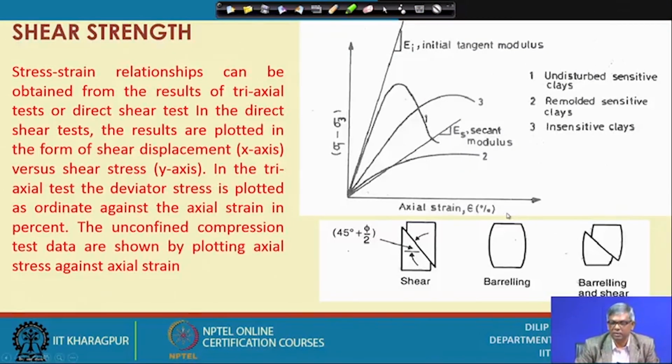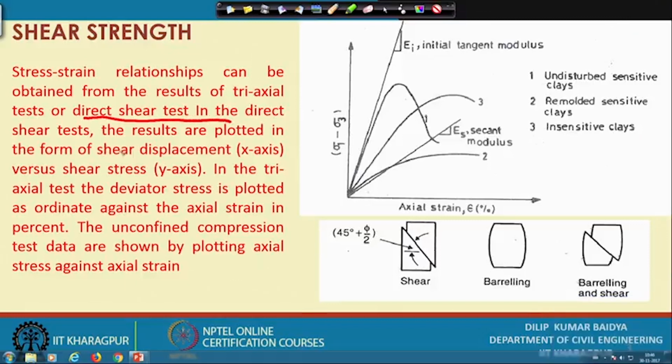Now, stress strain relationship for different soils. Generally we have different conventions for plotting different test results. A stress strain relationship can come from the results of a triaxial test, direct shear test or compression test, any test we do. In the direct shear test, shear displacement is plotted on the x axis and shear stress on the y axis.